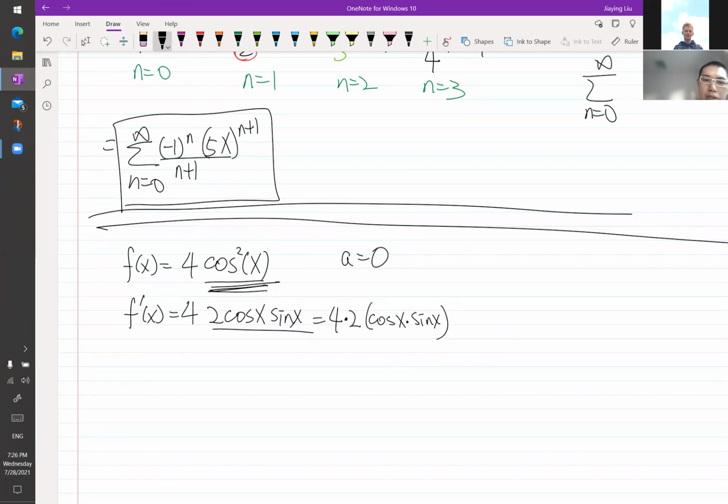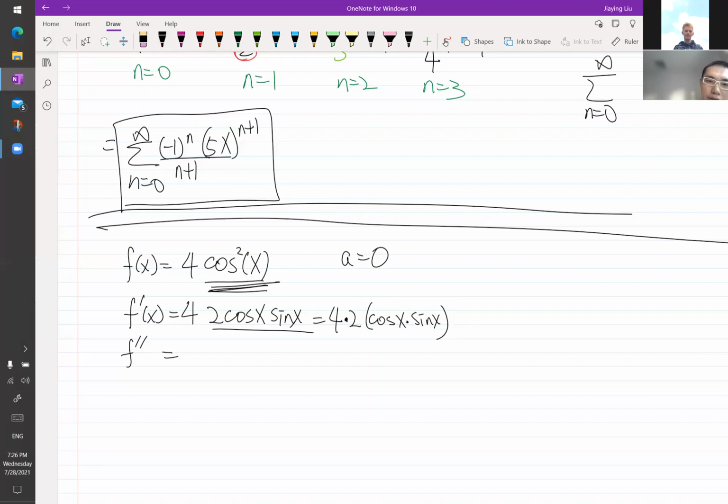Keep it like this. So the next step, when you take the derivative again, the 4 times 2 stays, you focus on this part. Take the derivative. Let me take a step back.